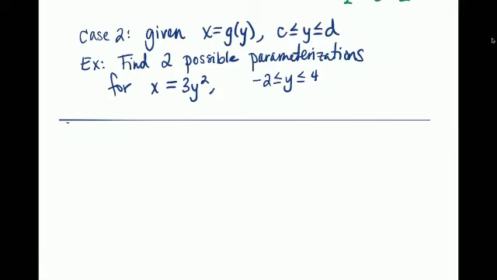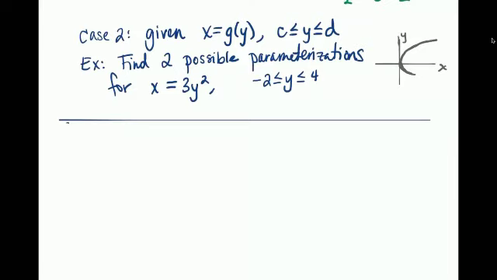Okay, so let's look at a second case. Now let's have x as a function of y instead. So I want you to come up with 2 possible parameterizations for this curve. All right, let's just do a little sketch. So this is going to be a parabola that's opening to the right. Okay, something like this.